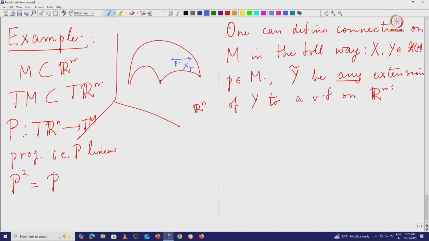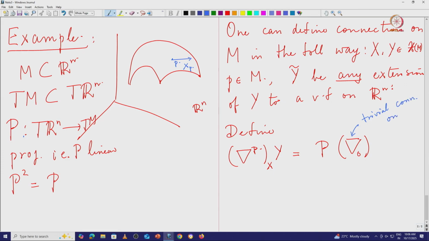Then we simply define this connection applied to Y in the direction of X. You simply take the Euclidean connection. So this is the trivial or naive connection on R^n, and you differentiate Y tilde with respect to X_p.